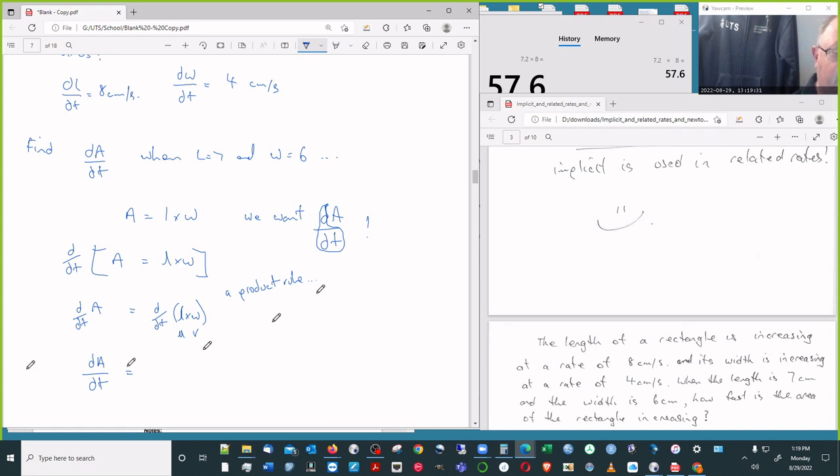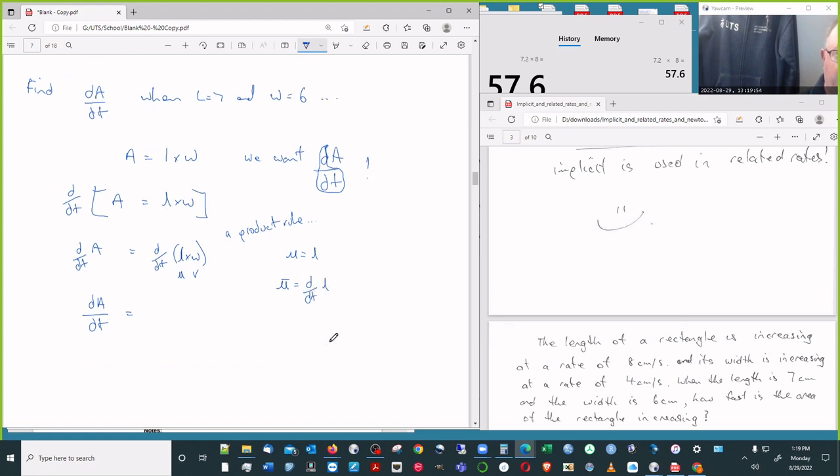So let's have a look at that. u equals L. That means u dash is going to be d/dt of L. That doesn't work. v is equal to W. v dash is going to be d/dt of W. Well, that doesn't work.